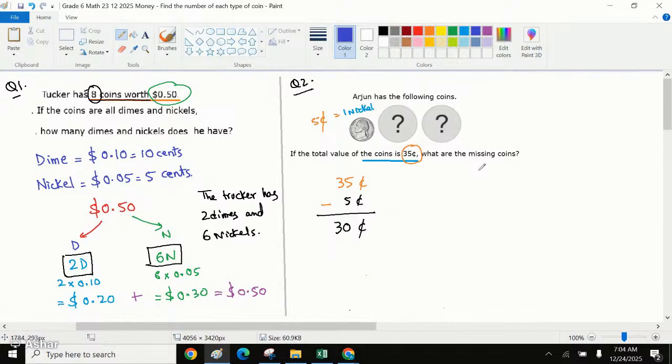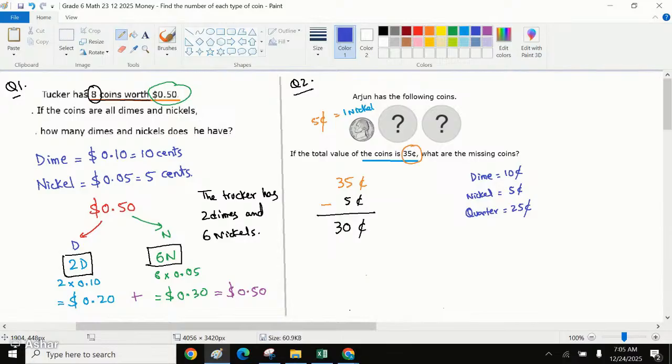We know that a dime is 10 cents. A nickel was 5 cents. And a quarter is 25 cents, right? A quarter is 1/4 of the total dollar, right?